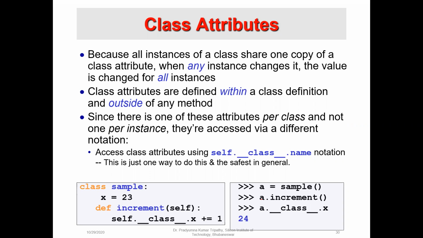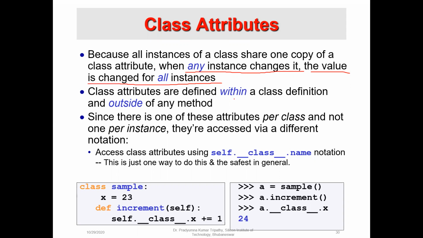Because all instances of a class share one copy of a class attribute, when any instance changes it, the value is changed for all instances. So this is important, remember. Any instance changes it, the value is changed for all instances. Correct?